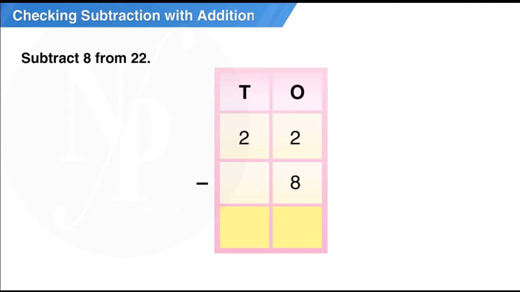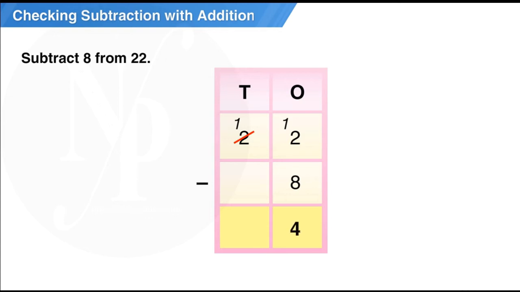We first subtract the digit in the ones place. We see that 2 ones is less than 8 ones. So we regroup 22 as 1 ten and 12 ones. Now, we subtract 8 ones from 12 ones.